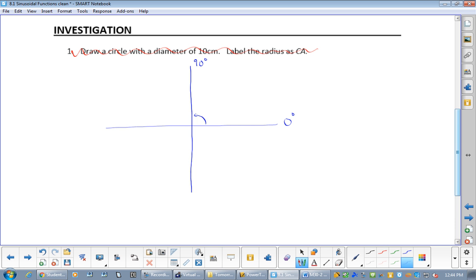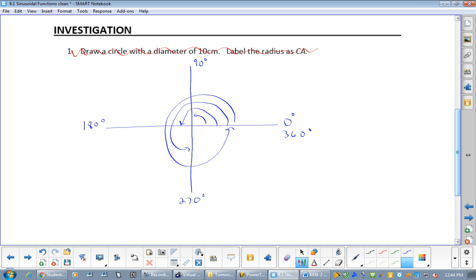Now, if I kept going, what would that be? 180 degrees. This is 270 degrees, and this is 360 degrees. It's key that you know those.